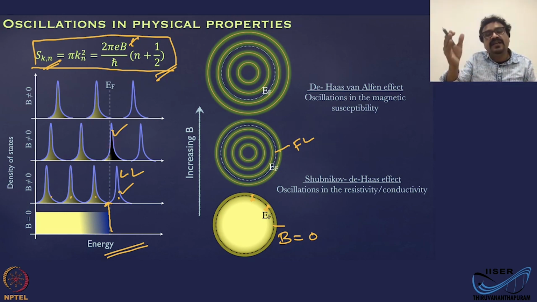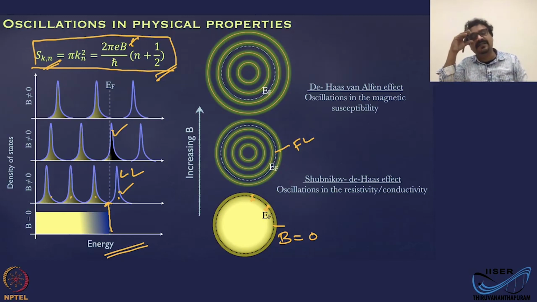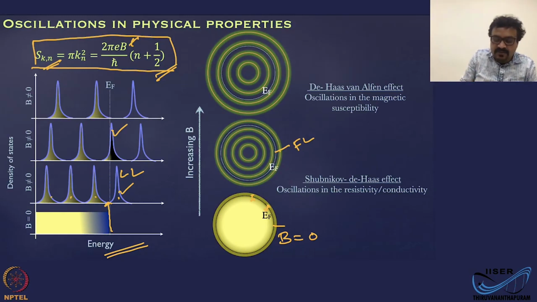But the moment the Landau level passes through the Fermi level, as shown here, the electrons in that particular Landau level need to jump back, because above the Fermi level they cannot exist. So the moment this goes through here, all the electrons which were here will jump back here.